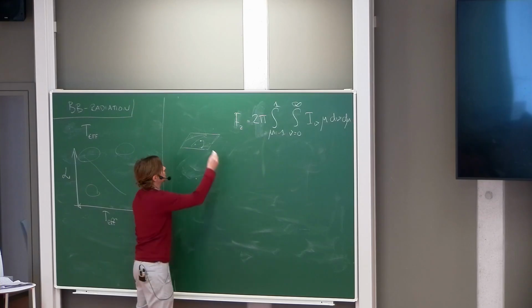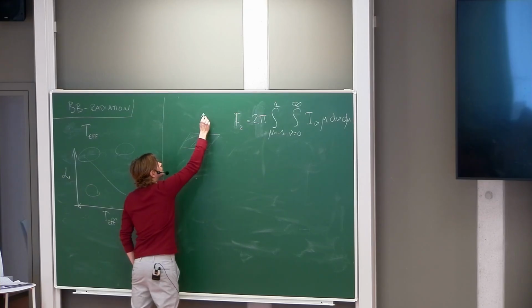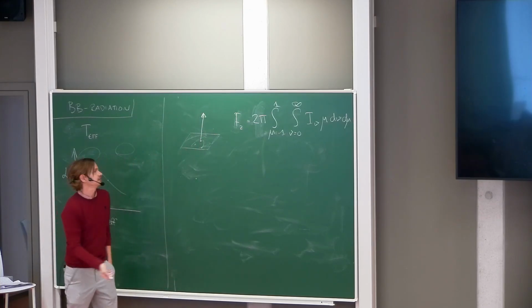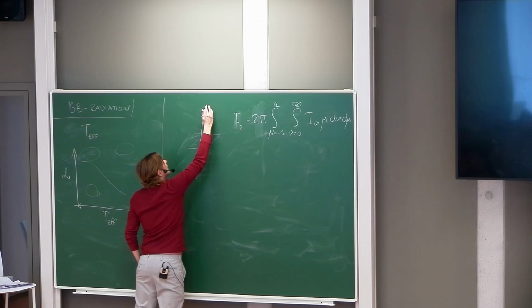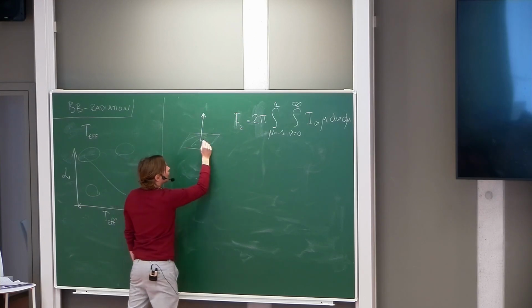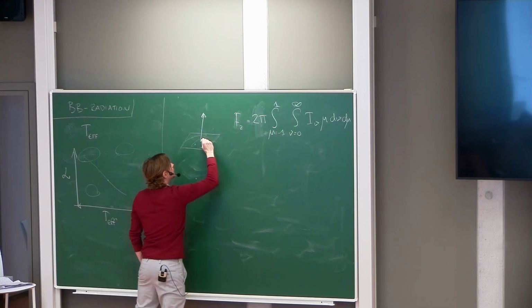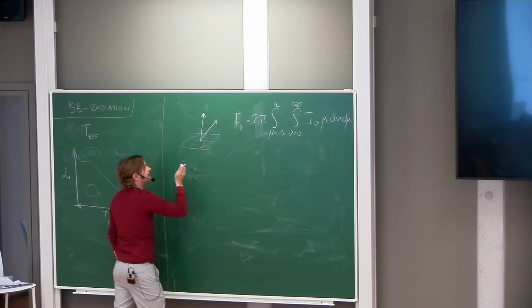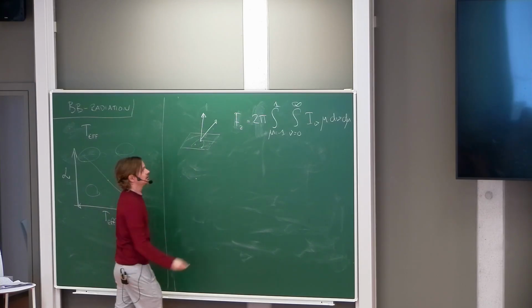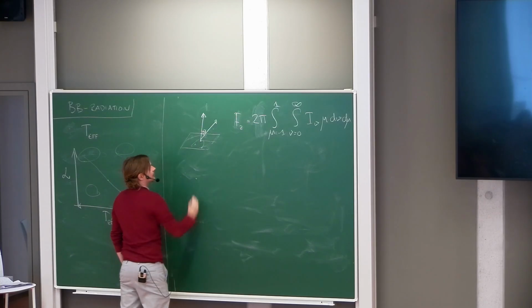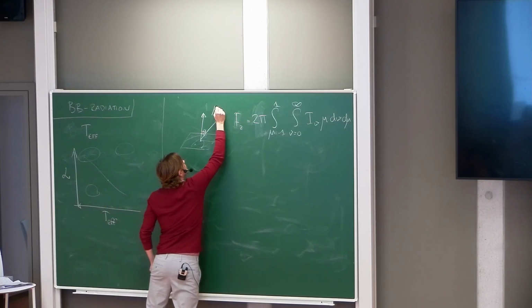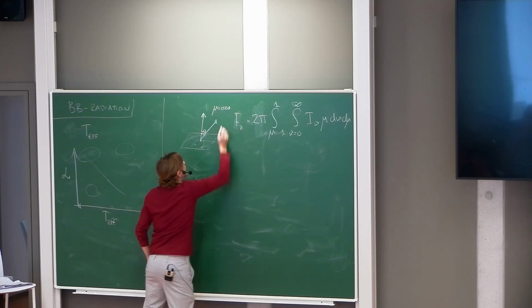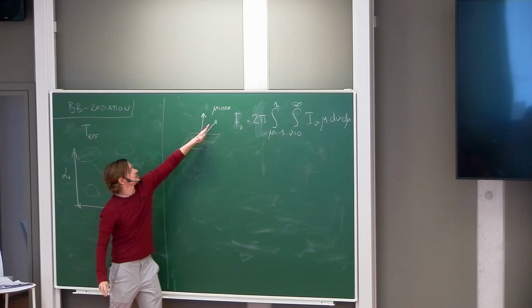So the only thing that contributes, if you want to calculate the flux in this direction, are the angles in the outward direction, given by the theta angle there, with mu equals cos theta again. Of course, in the general sense, you integrate over all the mu angles like this.